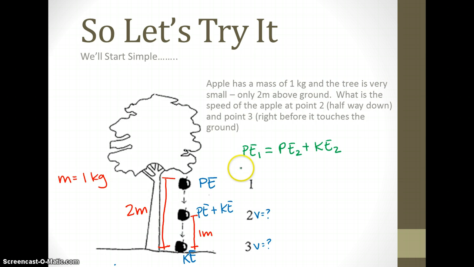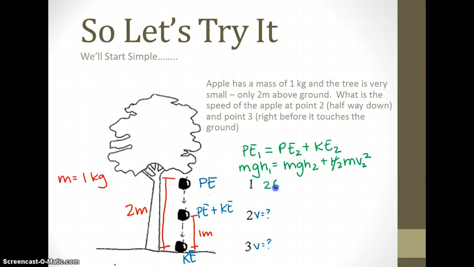Potential energy at 1 is simply going to be mass times gravity, or 9.8, times height at 1, equals my mass times gravity times height at 2 plus my 1/2 mass times the velocity at point 2 squared.